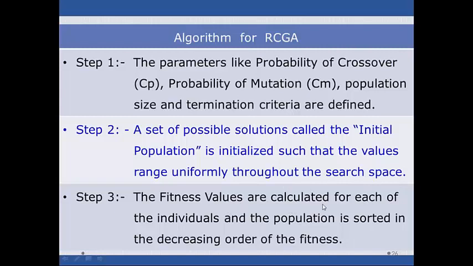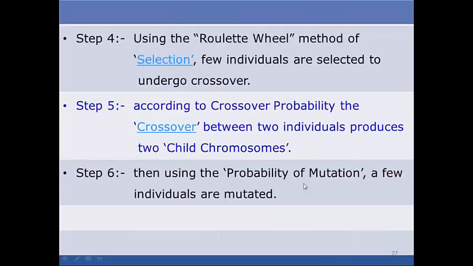The fitness values are calculated for each individual and the population is sorted in decreasing order of the fitness. I will come to that point. Then the next step is selection, using some particular mechanism, of good answers. In the 5th step we have the crossover of the solutions, so we will get some child chromosomes.